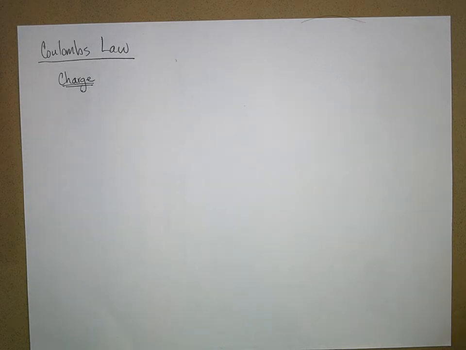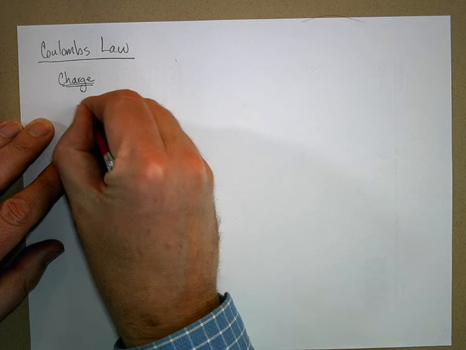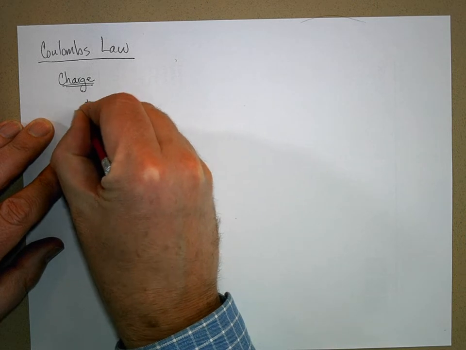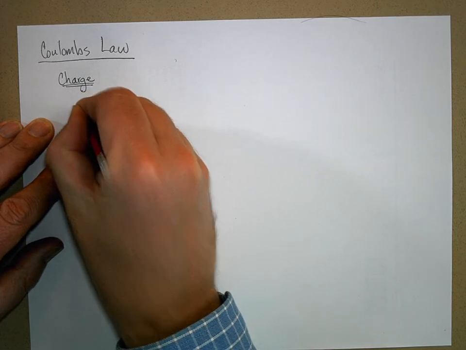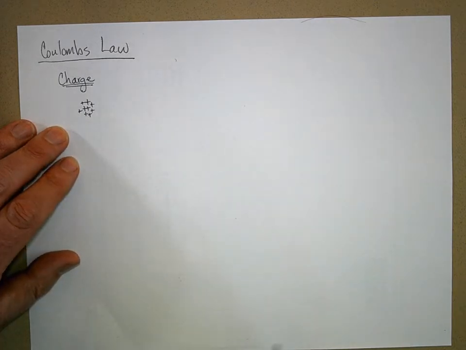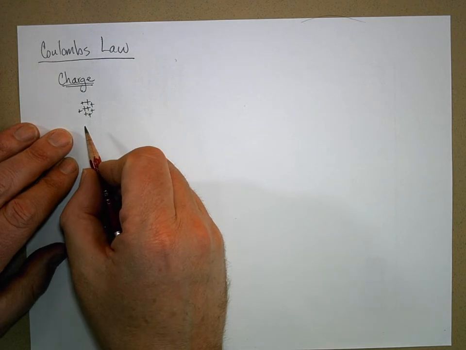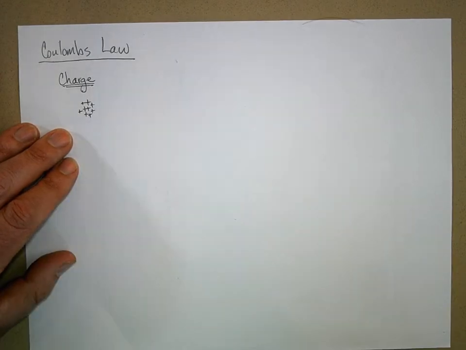And so what Benjamin Franklin thought was that if you rubbed certain objects together, some objects would collect more electrical fluid than the other, and thus would have a surplus of charge, and he called that surplus positive charge.